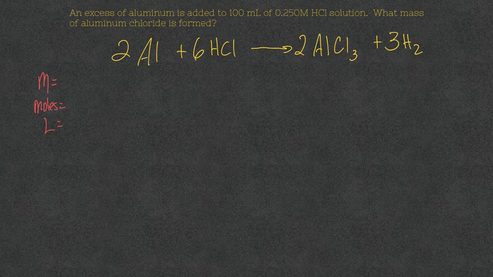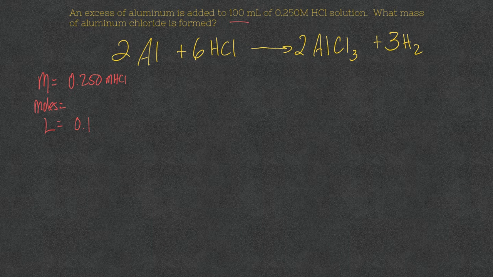I am given milliliters. And notice I only have one significant figure. So my liters is going to be 0.1. That is also one significant figure when I convert that to liters. My molarity is 0.250 molar HCl. That's 3 significant figures.